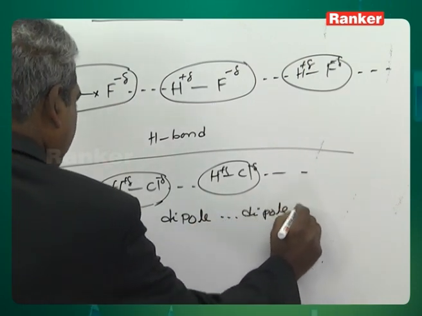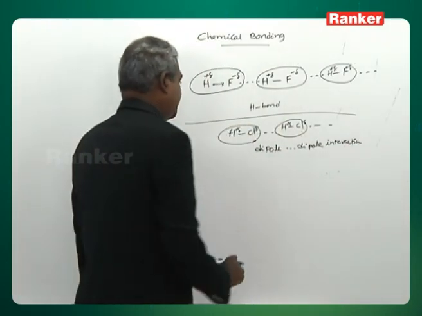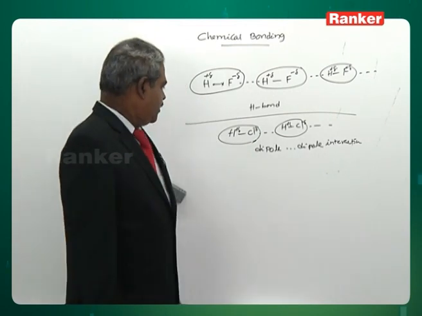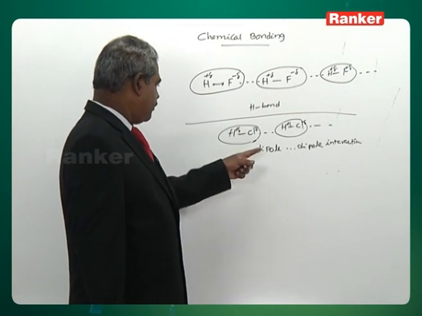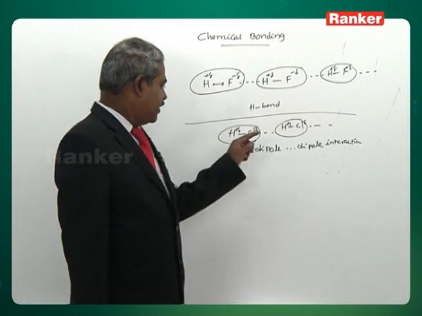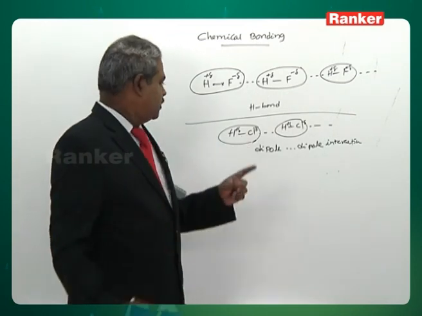Dipole-dipole interaction. Just familiarity. HCl and HCl know each other. They are not good friends. Okay. So, why is it called a dipole? Two poles, two opposite charges like a north pole and a south pole, dipole. Plus and minus are also two different poles.